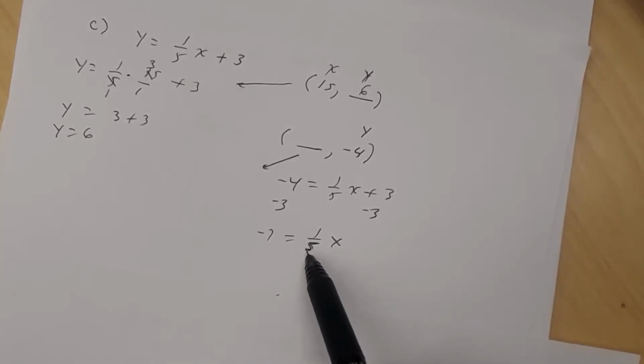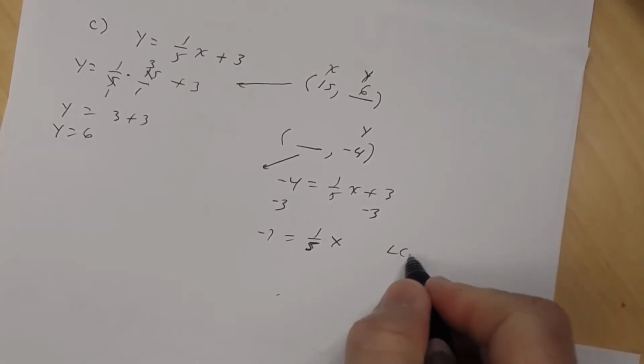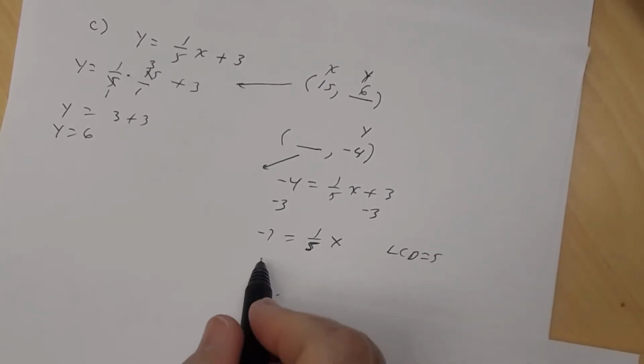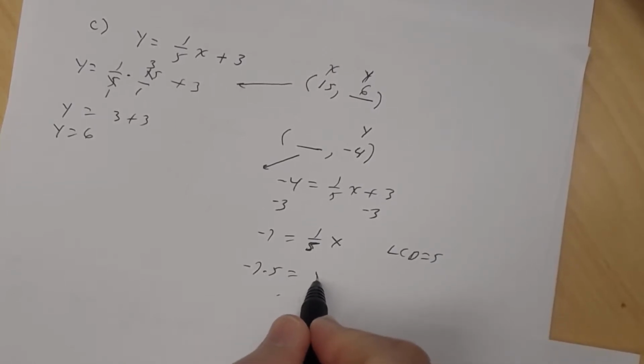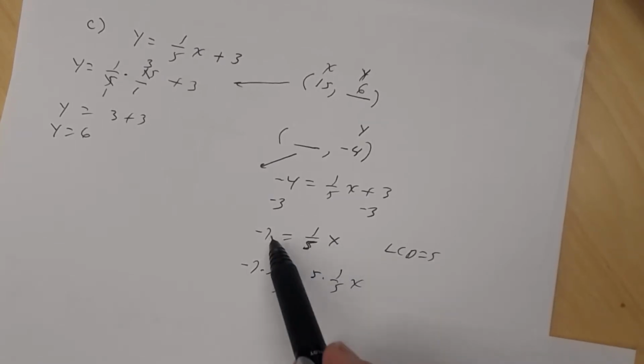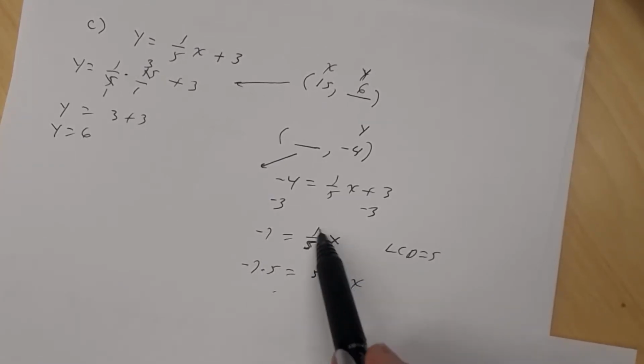You multiply. See how this is 1/5 times x? Where 5 is in the denominator, the LCD is 5. So we multiply both sides by 5. I get negative 7 times 5 equals 5 times 1/5 x. So I multiplied negative 7 by 5, and I multiplied 1/5 x by 5 as well.